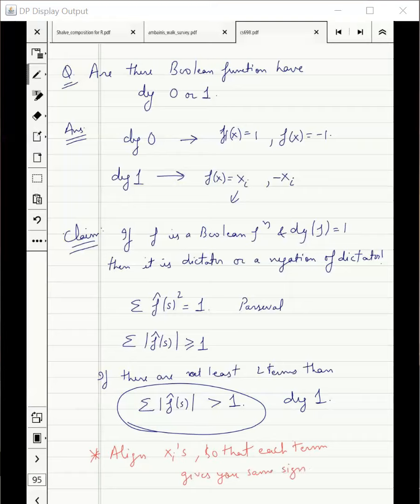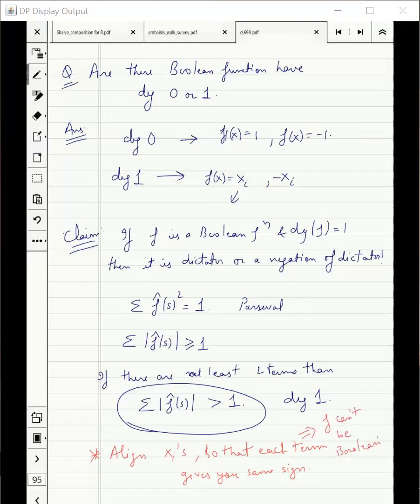Whatever is the sign of the constant term, I will make sure that everything gets the sign of the constant. Then the value of the function is basically the summation of the mod of f at s, which is not going to lie between minus 1 and 1. This is the contradiction, implying f can't be Boolean. Doubts about this? Are we okay?